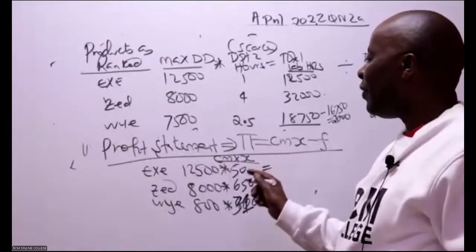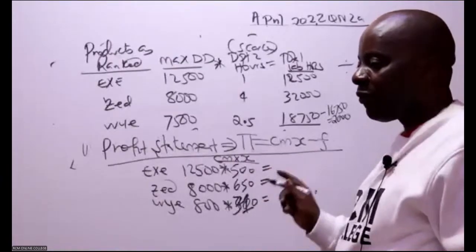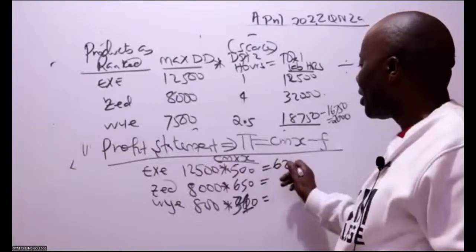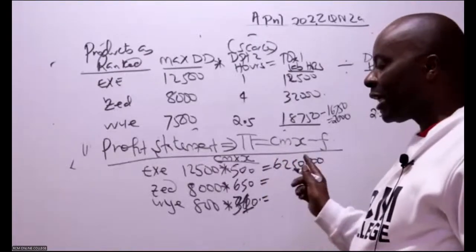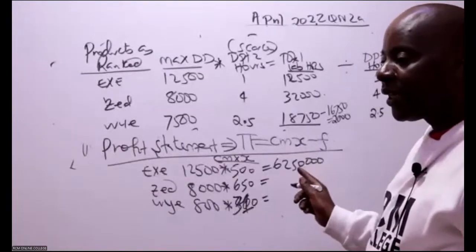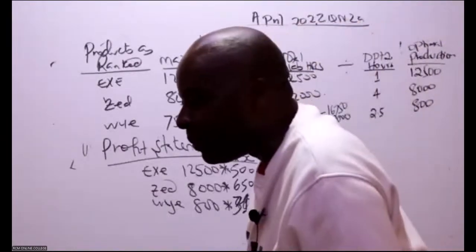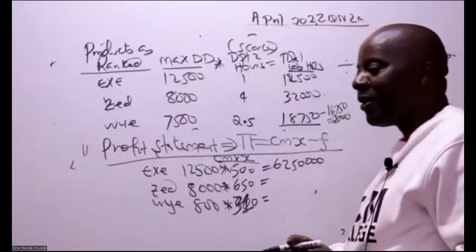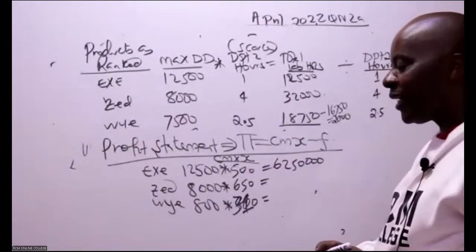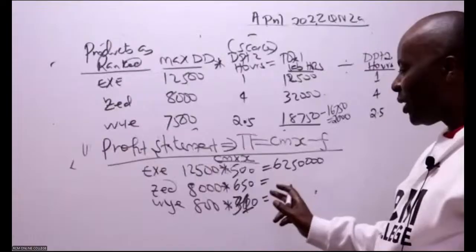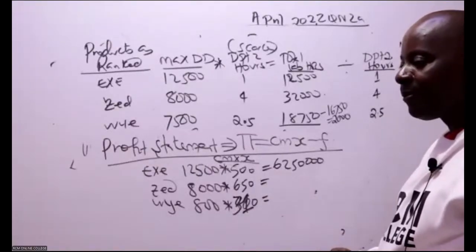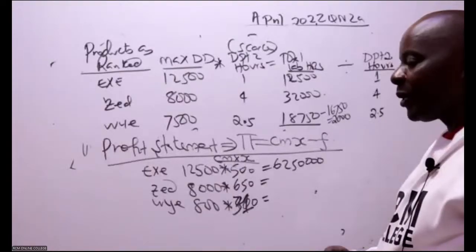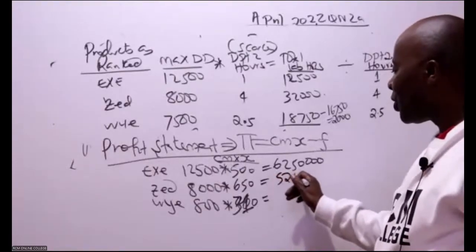So 12,500 times 500 is 6,250,000. Then we have 8,000 times 650. I'm waiting for your answer. 5.2 million.